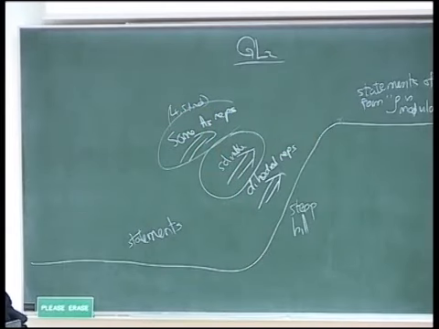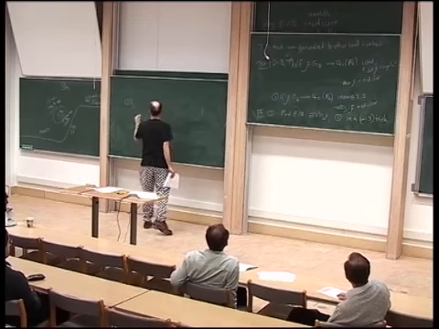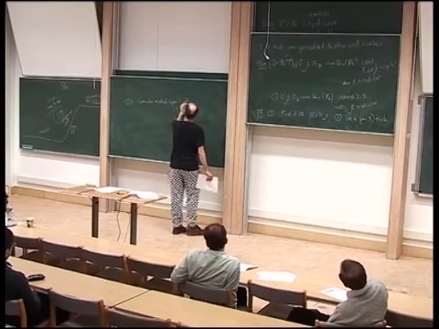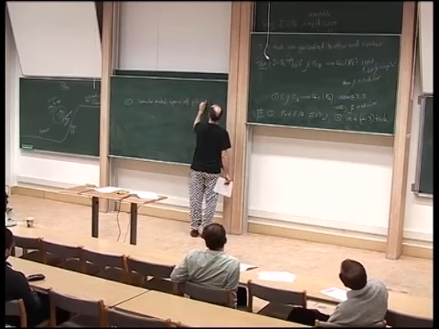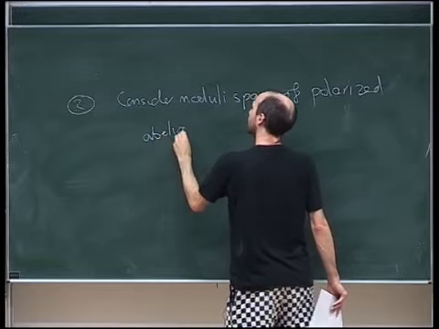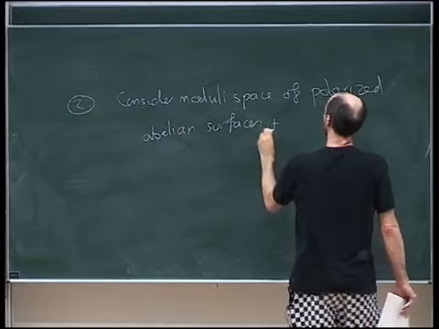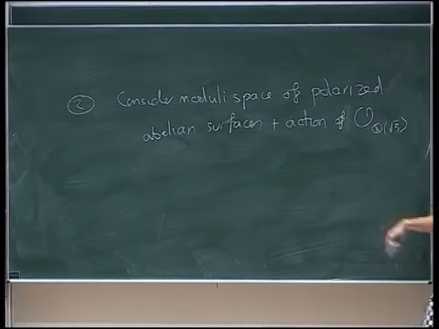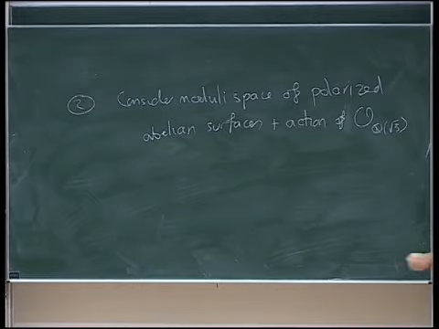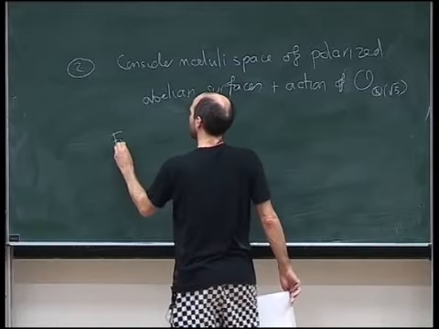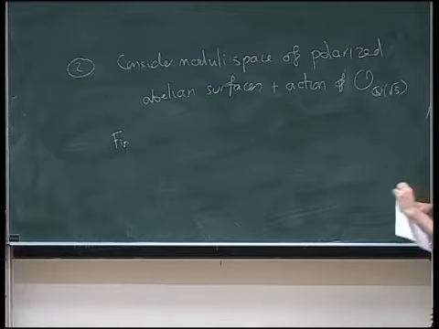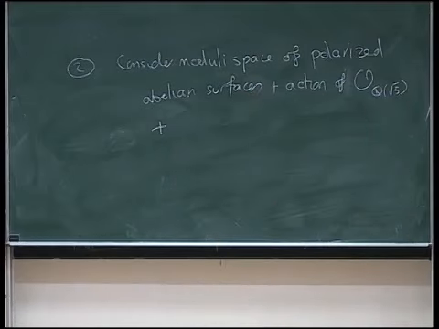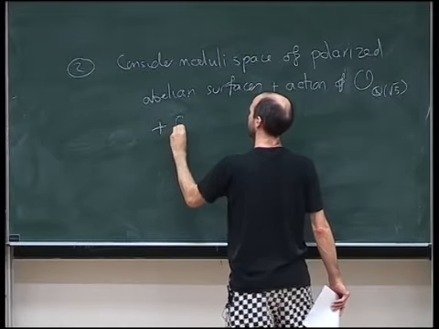So here's the proof of 2. You simply consider the moduli space of polarized abelian surfaces, I won't go into the details, with an action of the integers in Q(root 5), that's Z[(1 plus root 5)/2], plus a full level 2 structure.